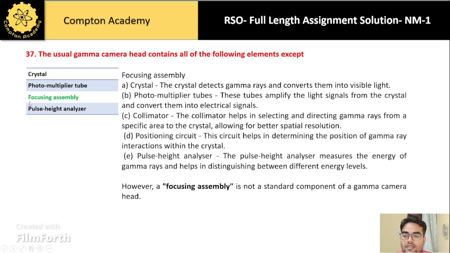Some elements of the gamma camera have been mentioned, but the focusing assembly does not belong to the gamma camera. The camera head contains crystal, photomultiplier tubes, collimator, positioning circuit, and pulse height analyzer. So the focusing assembly is not related to this, and this is the correct option.